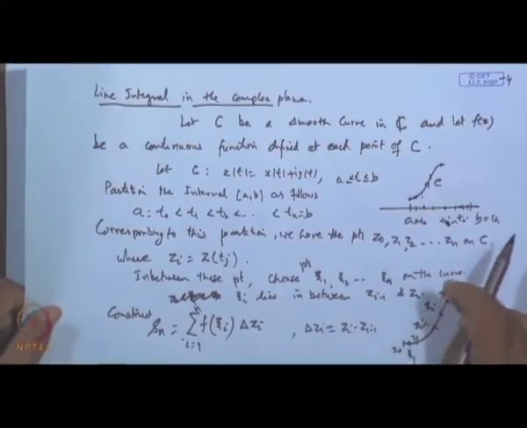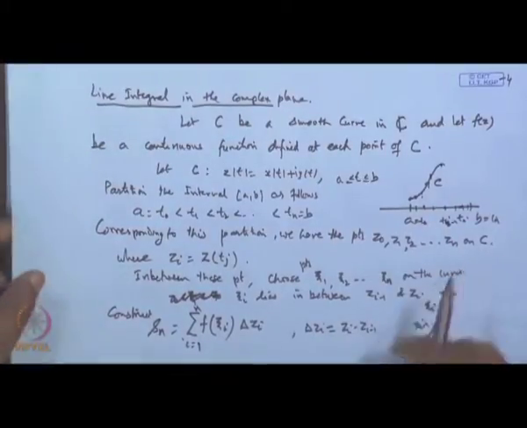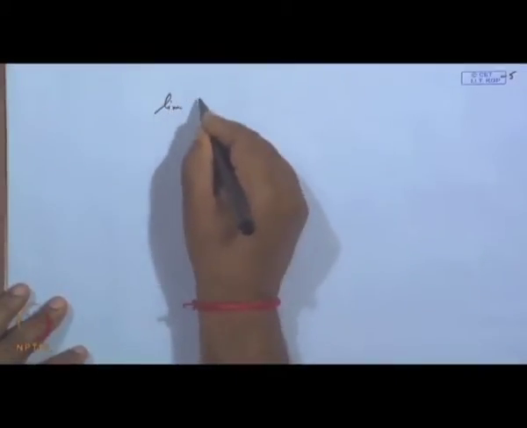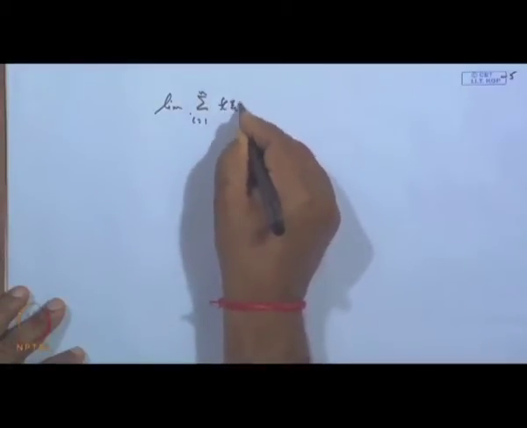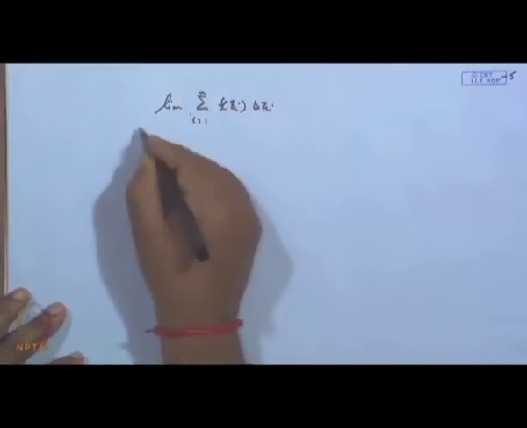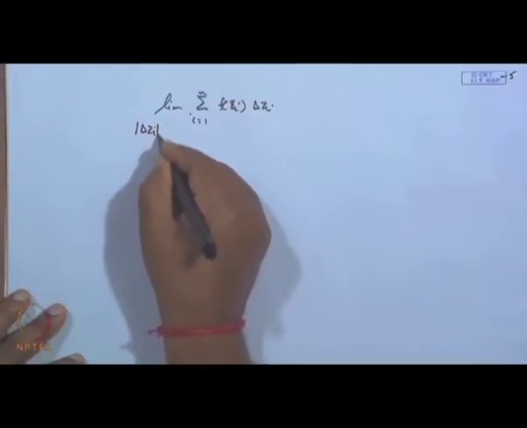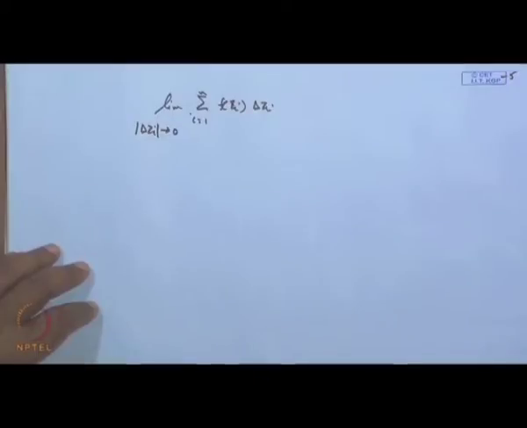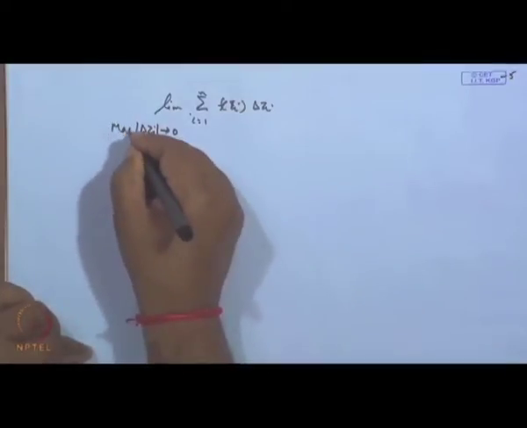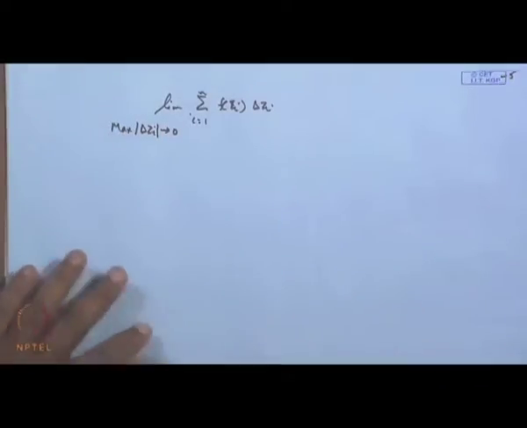In that case, all the points are almost close to each other. So, take the limit of the sum from i equal to 1 to n of f(zeta i) delta zi when the maximum of |delta zi| tends to 0.